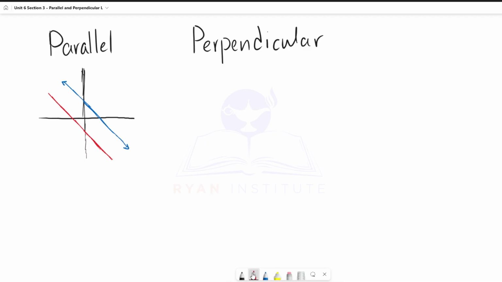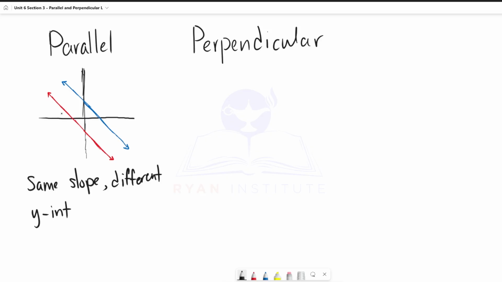And so what does that normally mean? If they don't intersect, or if they will never intersect each other, that means they're going at the same pace, but different y-intercepts, right? And when I say same pace, I mean same slope. So same slope, different y-intercept.